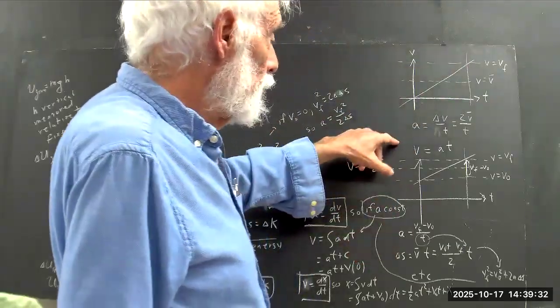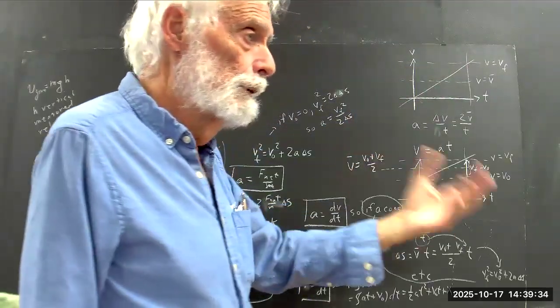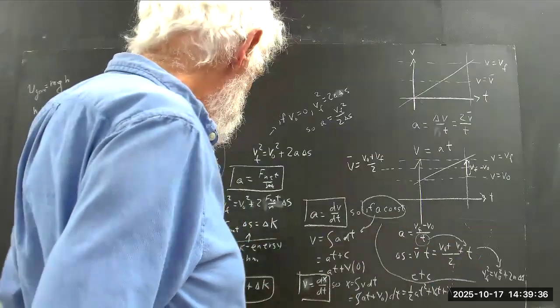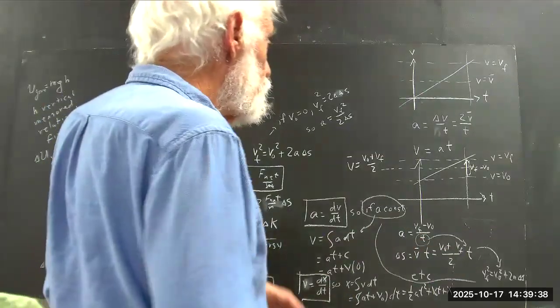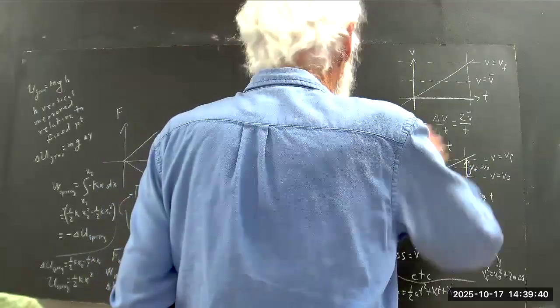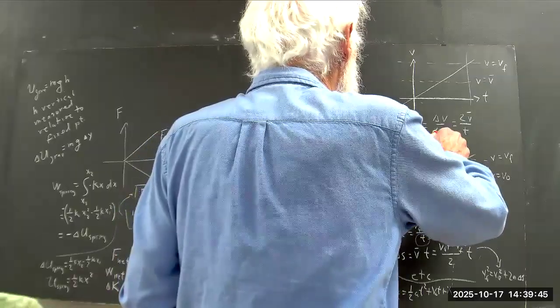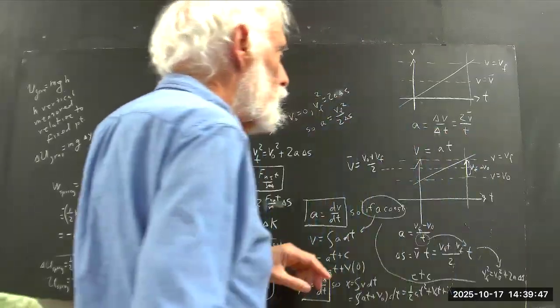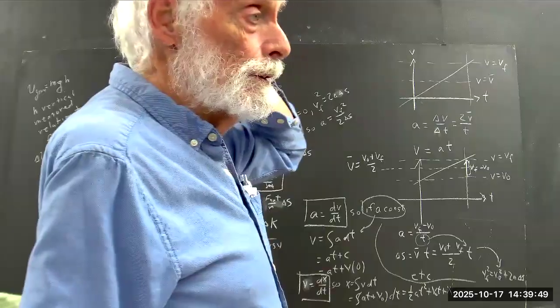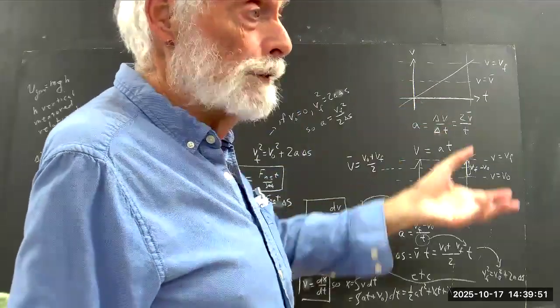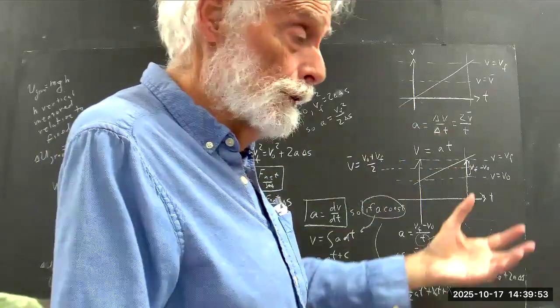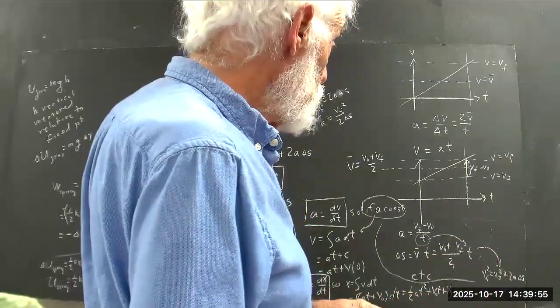Okay, well, we get a equals delta v over delta t. I better write a delta here. Acceleration is the average rate of change of velocity. That's your most fundamental definition, maybe.